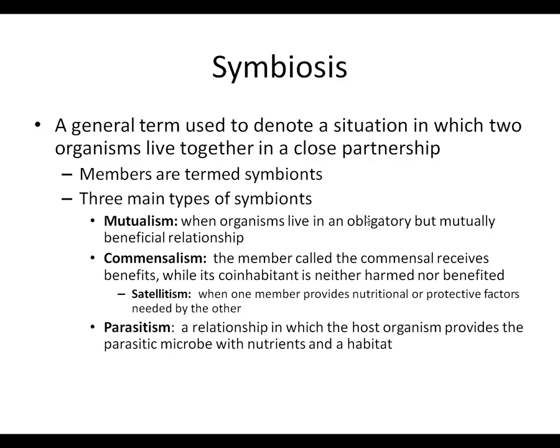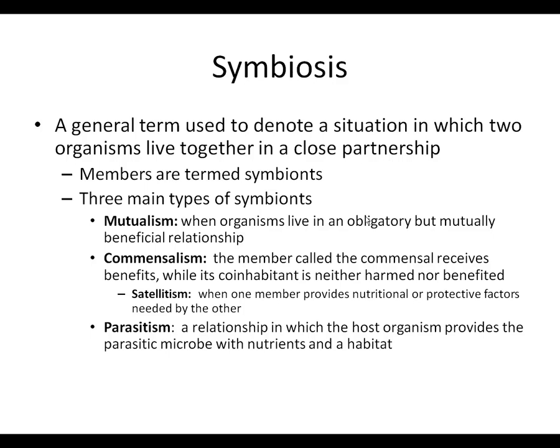Then the other symbiotic relationship is parasitism. This is a relationship in which the host organism provides a parasitic microbe with nutrients and a habitat. The host is gonna have harm. A parasitic relationship is going to cause harm to one of the symbionts in that relationship.